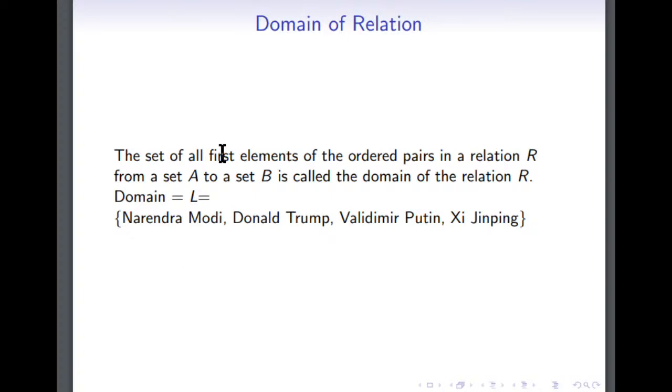So the set of all first elements of the ordered pairs in a relation from set A to set B is called the domain. The first elements of the pair are called the domain. As for me, Narendra Modi, Donald Trump, Vladimir Putin and Xi Jinping, from which I started with first. These are the domain of the relation.